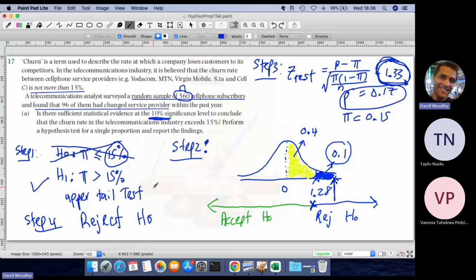So that's a worry for them. Remember, the problem would have been if the churn rate is above 15%. We don't want the churn rate to be high, but the statistical evidence is pointing towards the churn rate being above 15%.